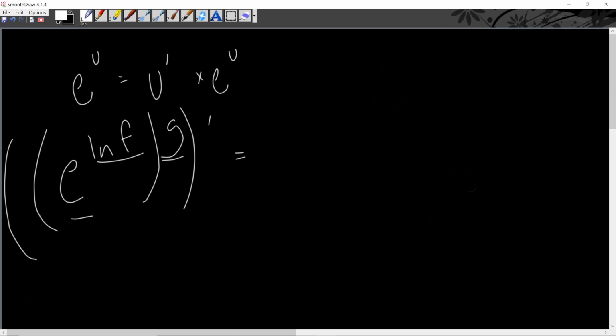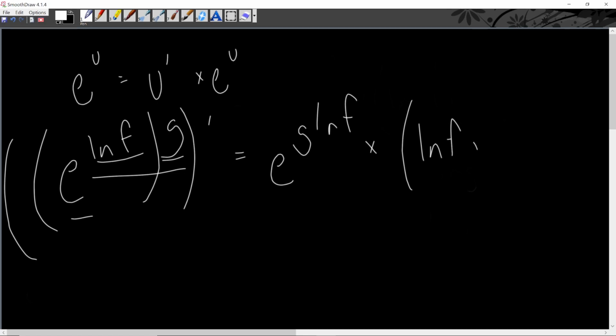So we're going to have e to the g ln f times the derivative of u in this case, which is simply the derivative of g ln f.